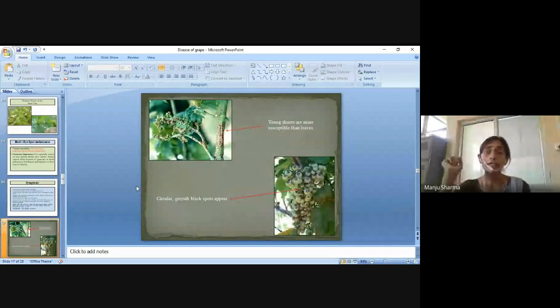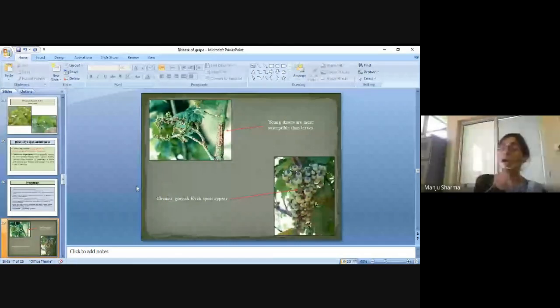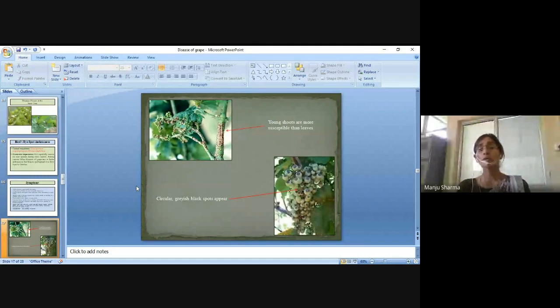In the first diagram, young shoots are more susceptible than leaves. Basically the anthracnose disease does not happen easily, and the young shoots are more susceptible than the leaves. That's why we mostly observe the symptoms on the shoots of the plant.